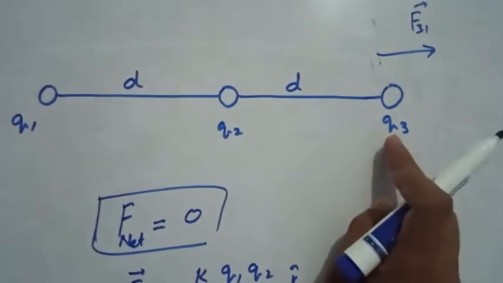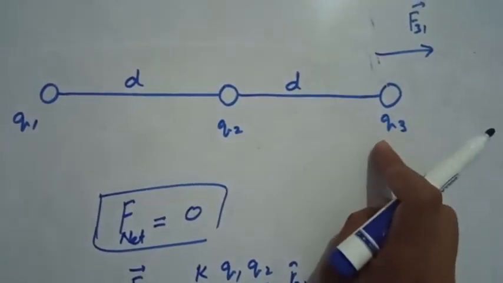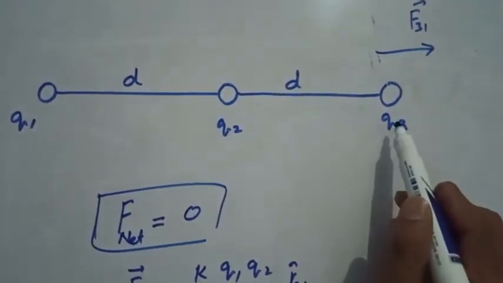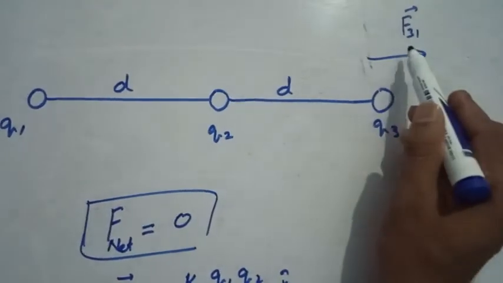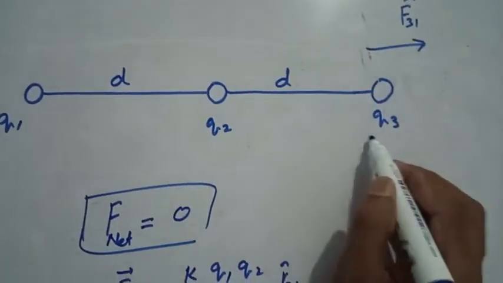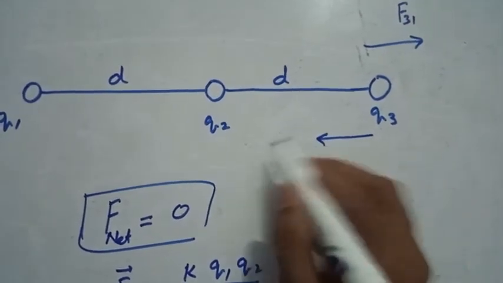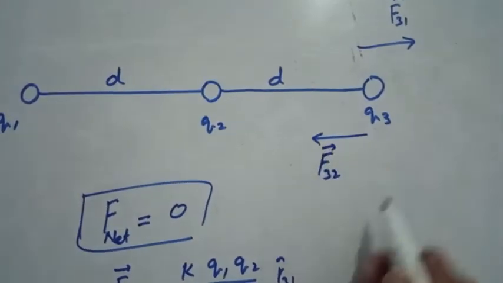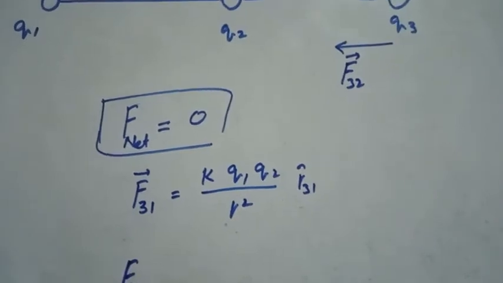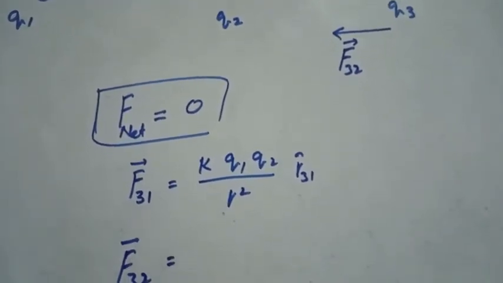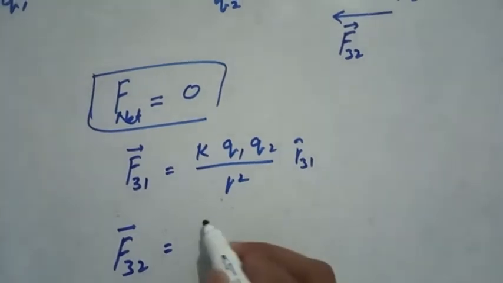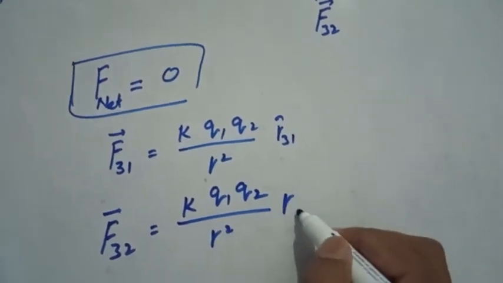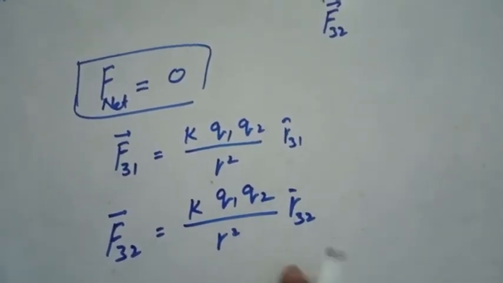As charge q3 is in equilibrium, the force exerted by charge q2 on q3 must be acting in the opposite direction to force F31. So let's say this is the force exerted by charge q2, that is F32. Force F32, the force exerted by charge 2 on charge 3, can be written as k q2 q3 over r square, times r32 hat.